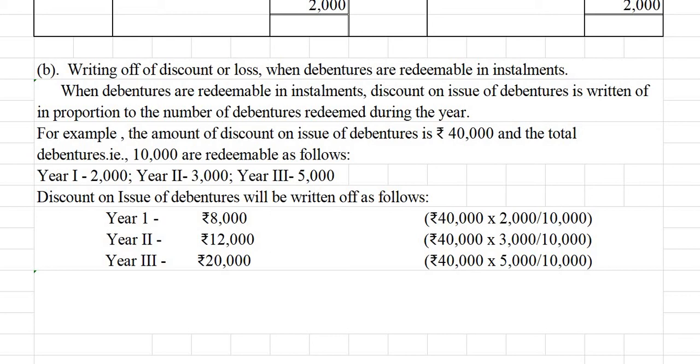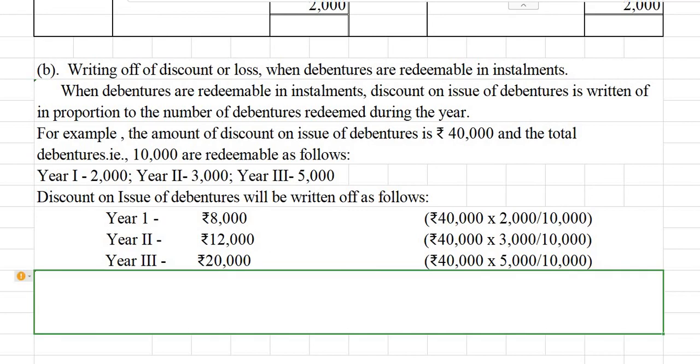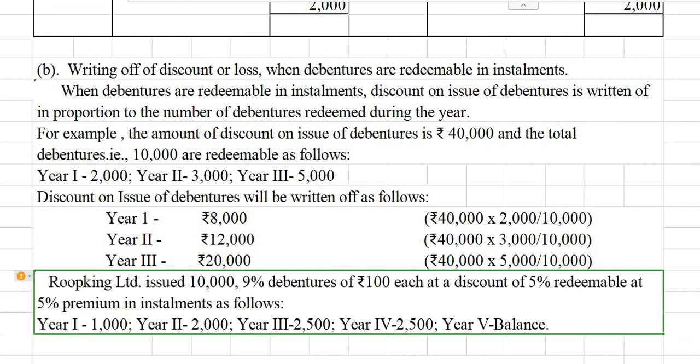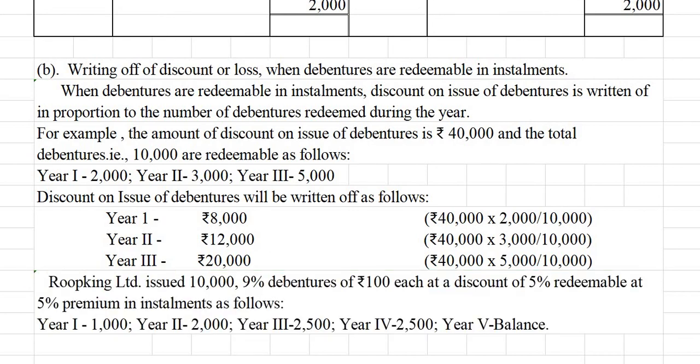Now we are going to solve a question based on this method. See, here is the question before you. Roop King Limited issued 10,000 9% debentures of rupees 100 each at a discount of 5%. That means 10 lakh rupees is the face value.